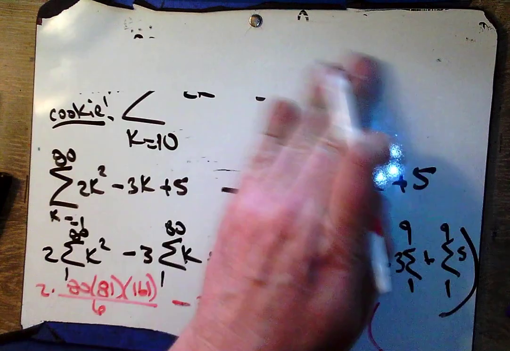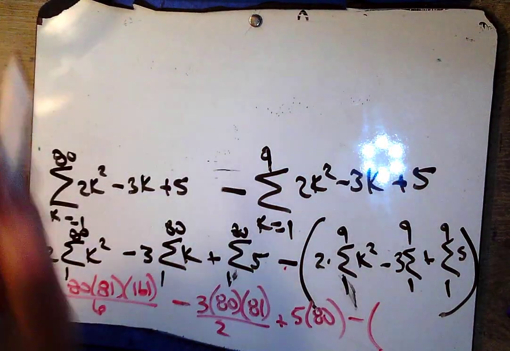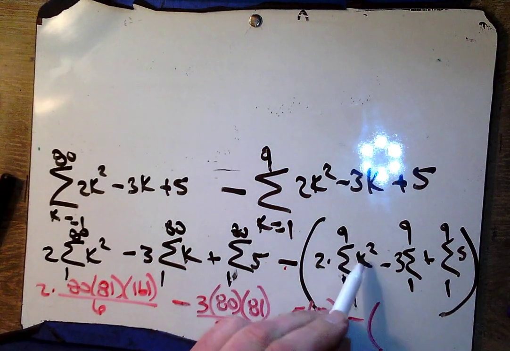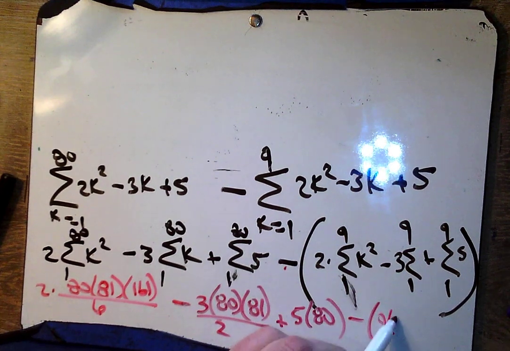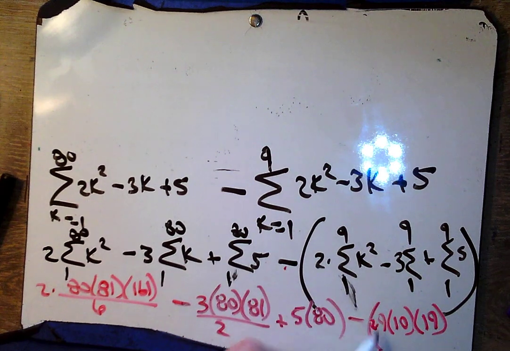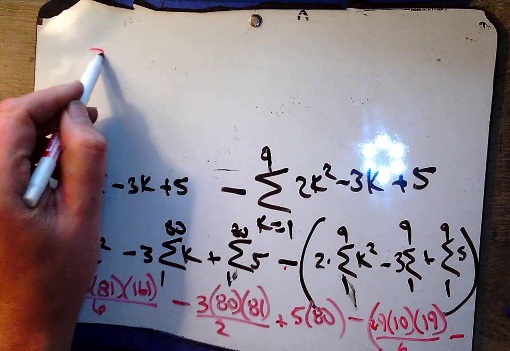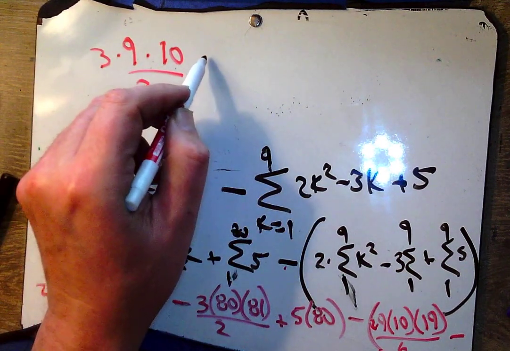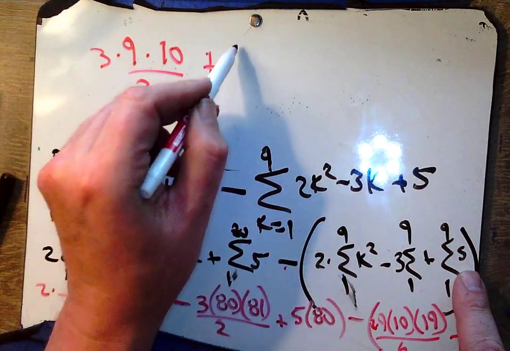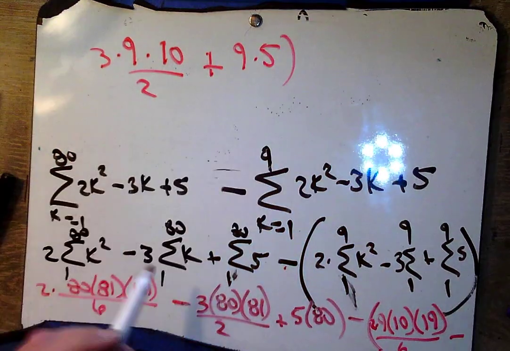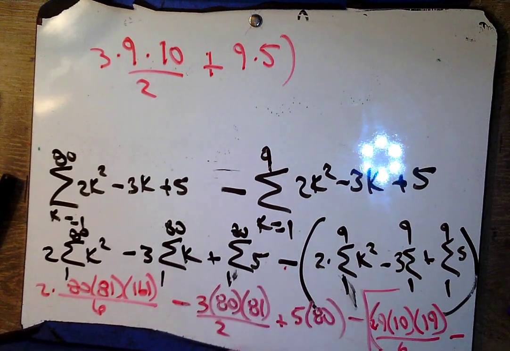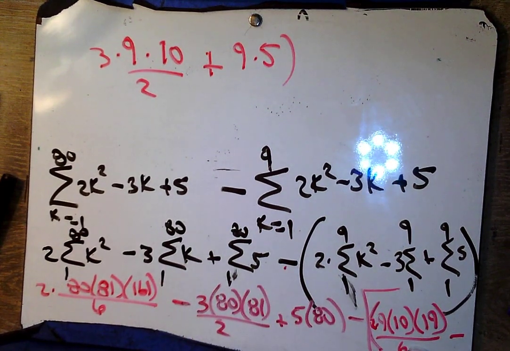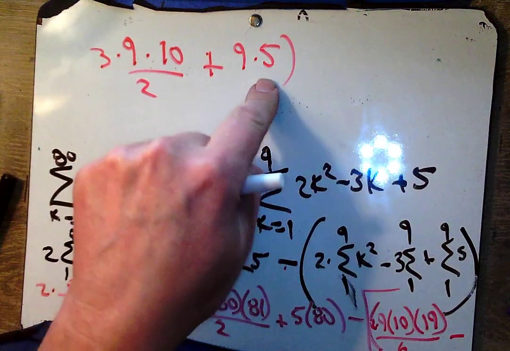Here I'm going to run out of space, so let's see what happens. So this is n plus 1, 2n plus 1, don't forget that times 2, all over 6, minus 3 times 9 times 10 over 2, plus 9 times 5. Okay, so I'm subtracting this minus this plus that.